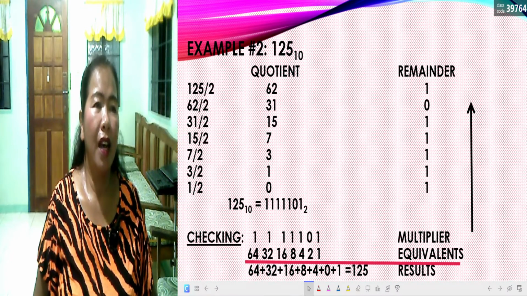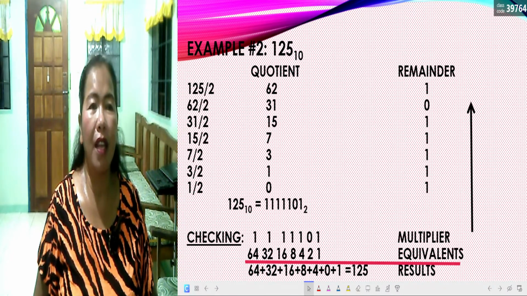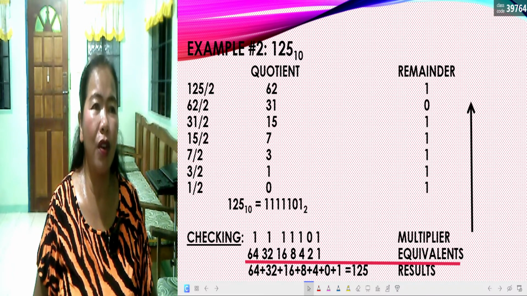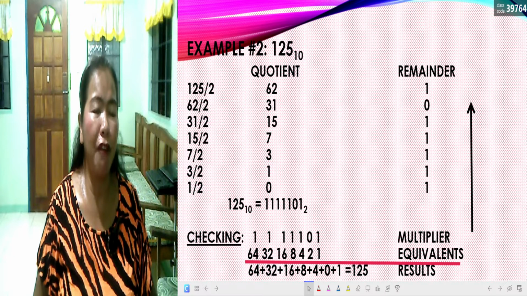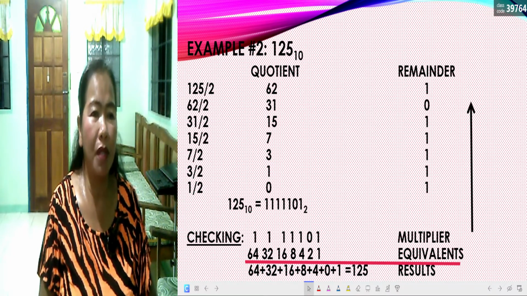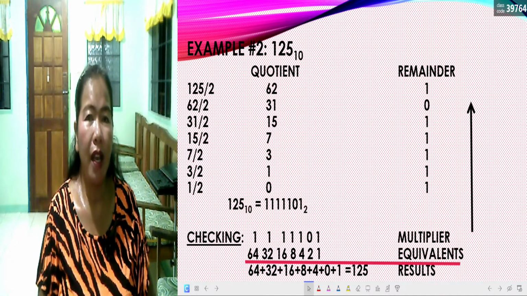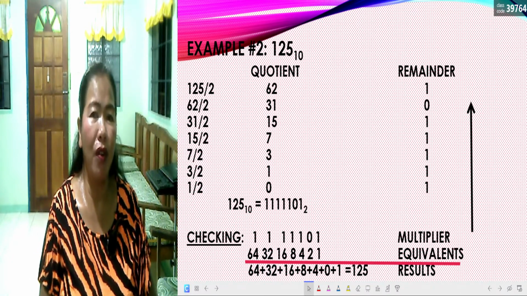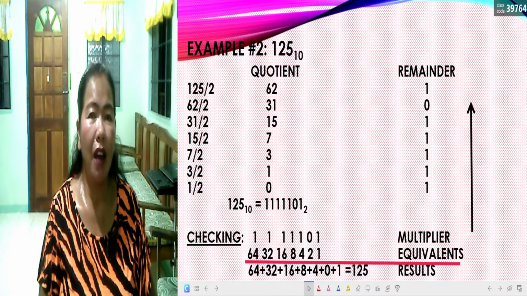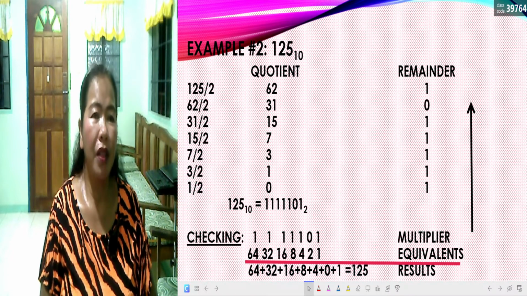Again, since our quotient has not yet reached 0, we still have to repeatedly perform the division process until the quotient becomes 0. Until 1 divided by 2 is equal to 0, and that has a remainder of 1 because 1 is an odd number.